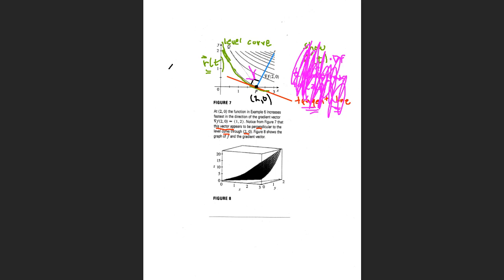It's an extremely important concept. That's why you're seeing this right angle between the level curve and the gradient at the point 2, 0.